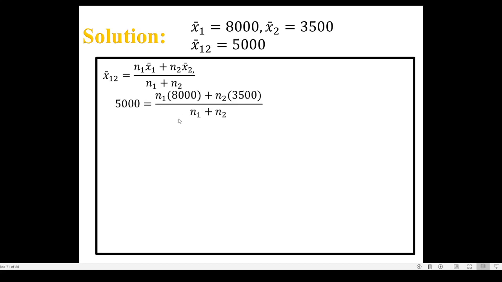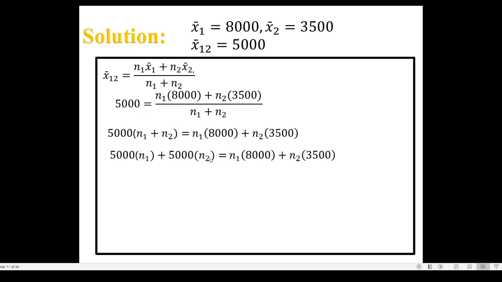upon n1 plus n2. If we cross multiply this, we get 5000 (n1 plus n2) is equal to n1 into 8000 plus n2 into 3500, or we can multiply this 5000 inside the bracket. We get 5000 n1 plus 5000 n2 is equal to 8000 n1 plus 3500 n2.